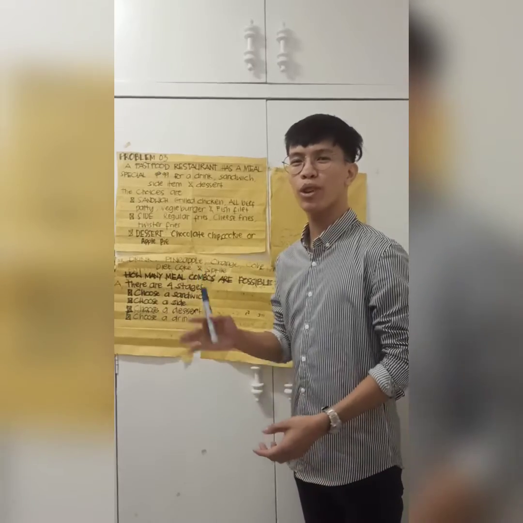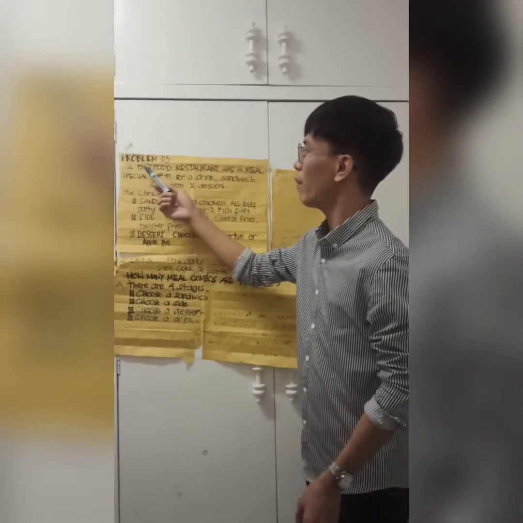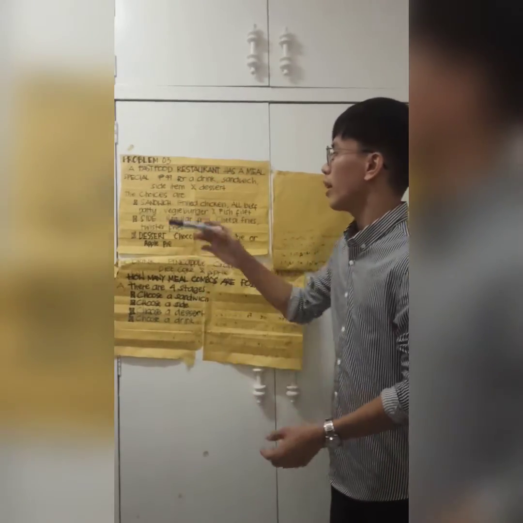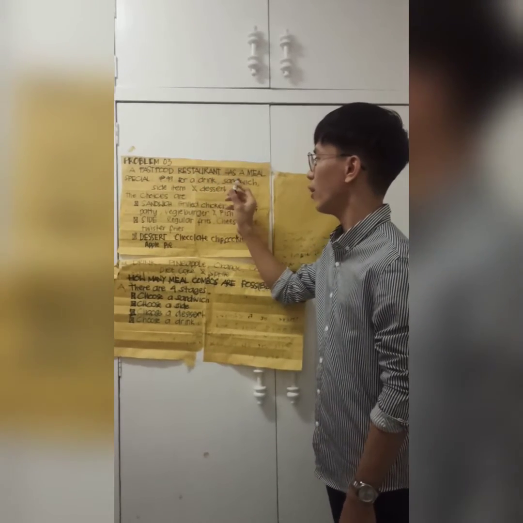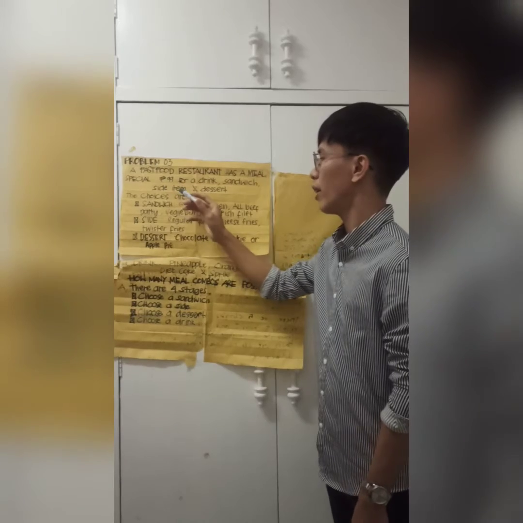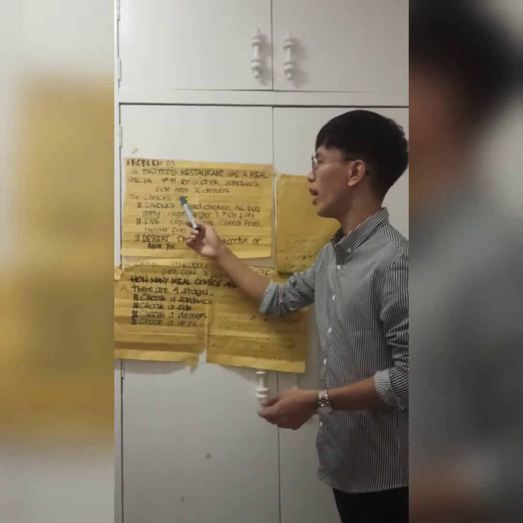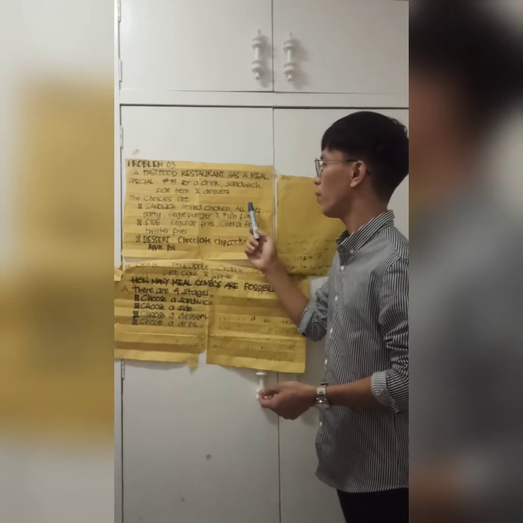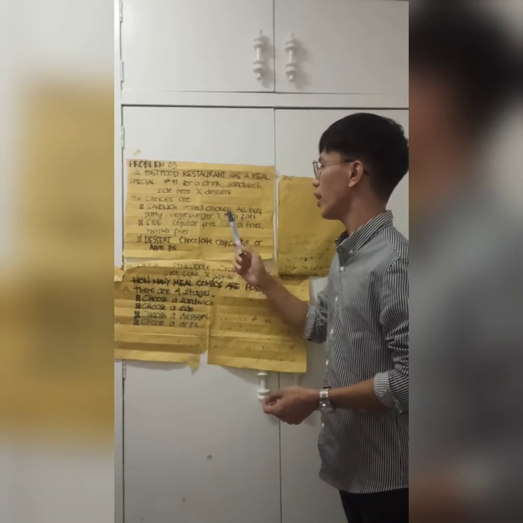So, we will move to problem number 3. As you can see here, a fast food restaurant has a meal special. The price is 99 for a drink, sandwich, side item, and dessert. We have choices for our sandwich: grilled chicken, all beef patty, veggie burger, and fish fillet.